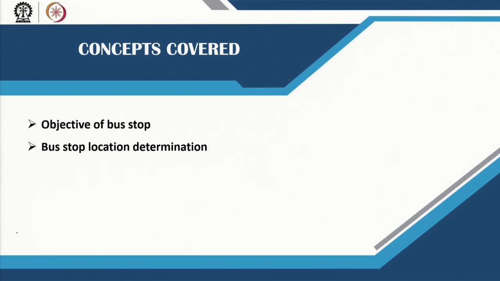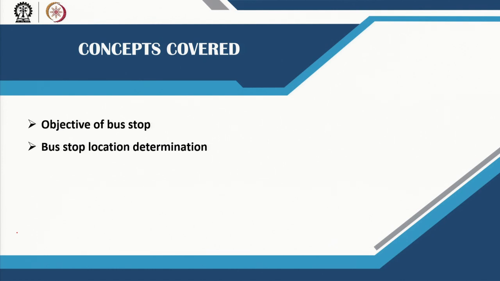So, as such, in this lecture what we are going to cover basically is how to determine the location of a bus stop. I mean, we are calling it a bus stop, but most likely you can apply it for a metro stop as well. Maybe you should consider it more of a stop or a station on a rapid transit line.